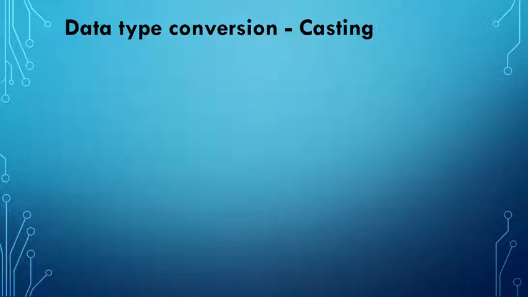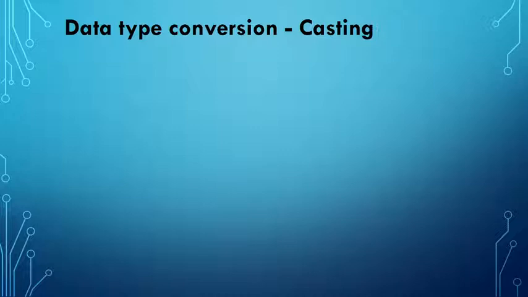So yes, data type conversion is also called casting. So we are converting a string into an integer or vice versa, or a floating point value, which is a real data type, to a string and vice versa.